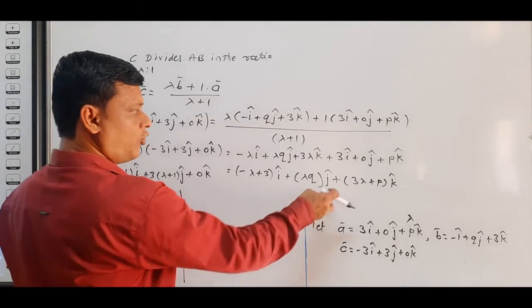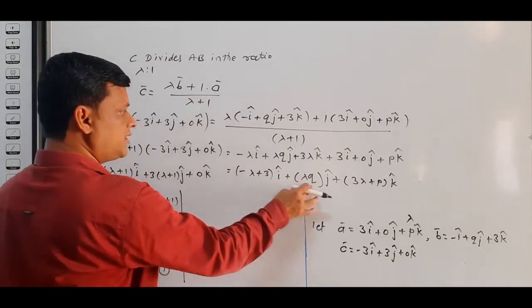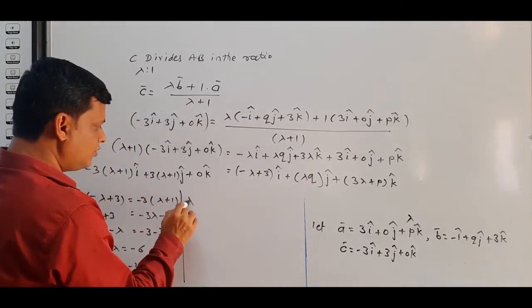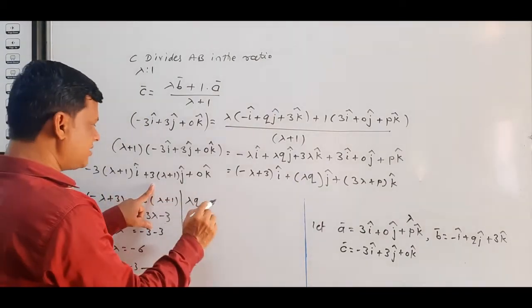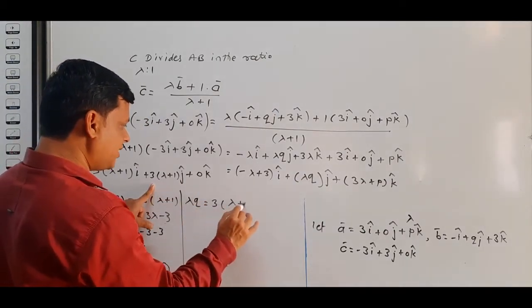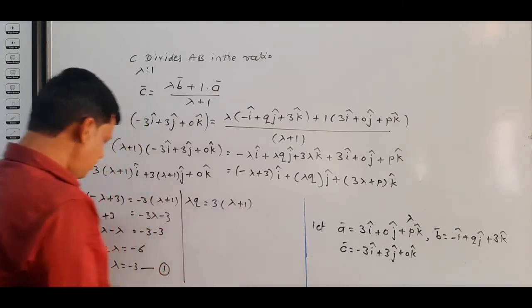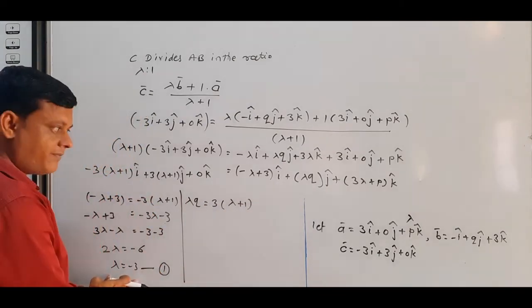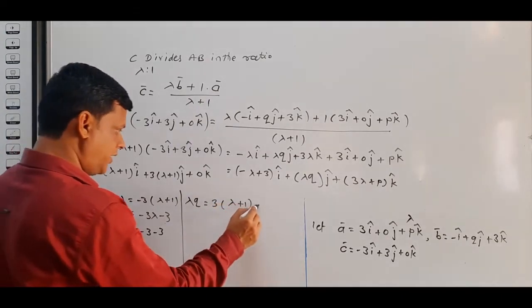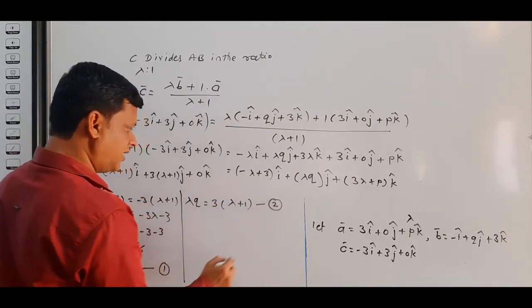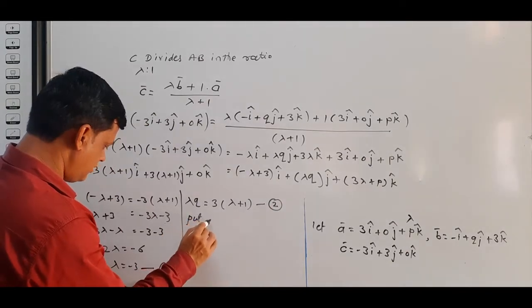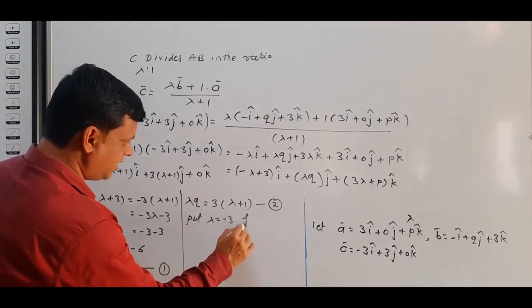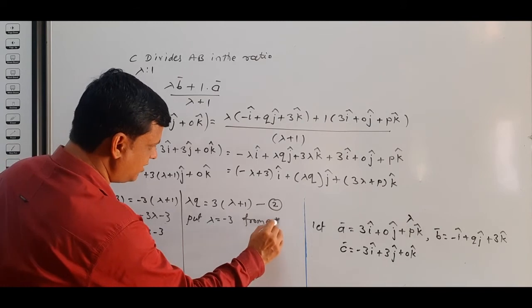Now see the coefficient of j. The coefficient of j is lambda q. So lambda q equals, here the coefficient of j is 3 into (lambda + 1). We denote this as equation number 2, and we substitute lambda equals -3 from equation 1.